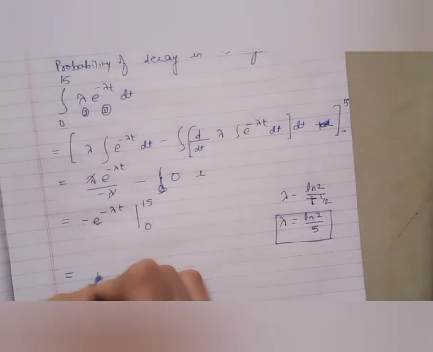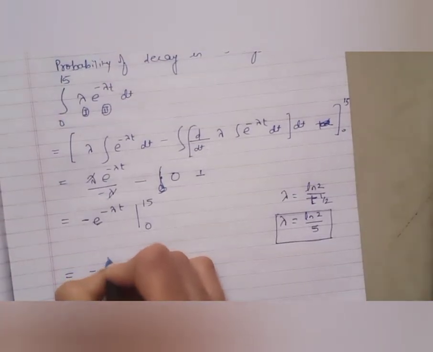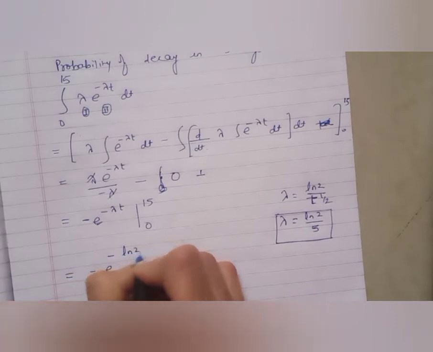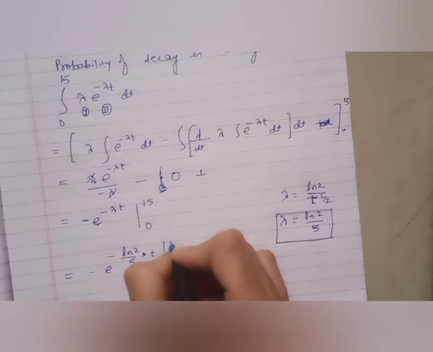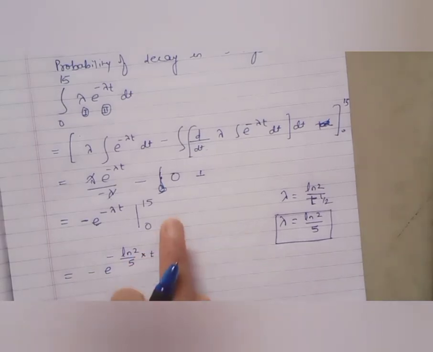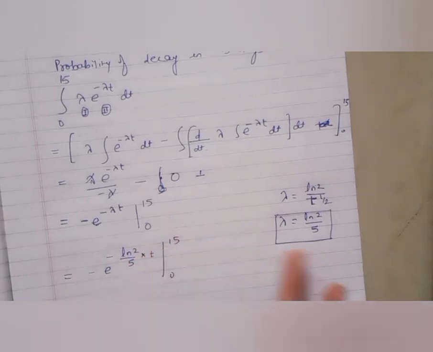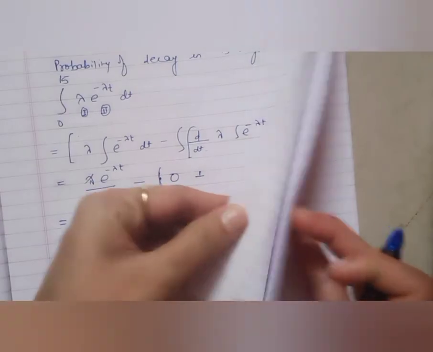So it is minus e raised to minus lambda, and in place of lambda, log 2 upon 5, into t, within the limit 0 to 15. Now we only have to substitute the value of t. Now we have to put the upper limit and lower limit. That's it.